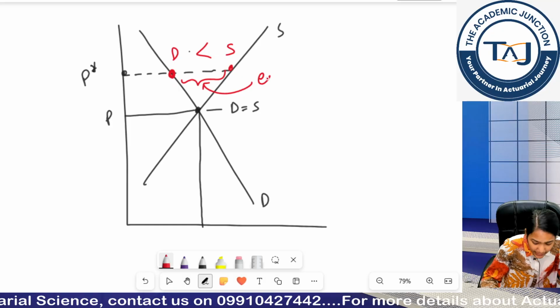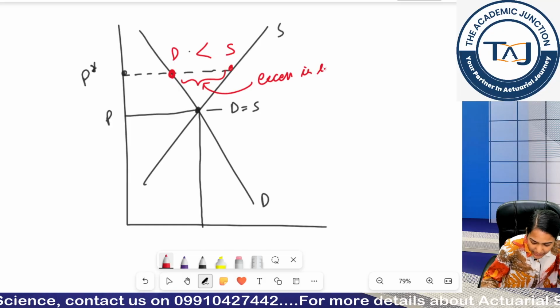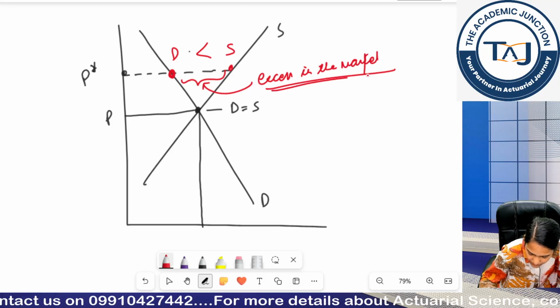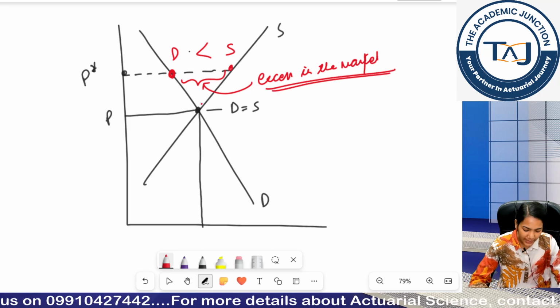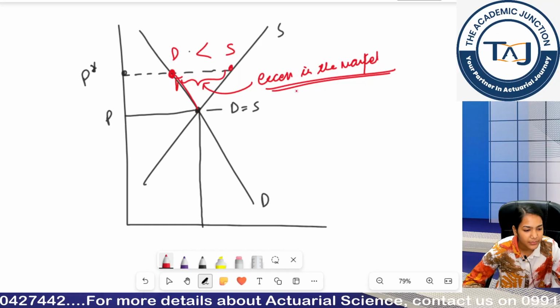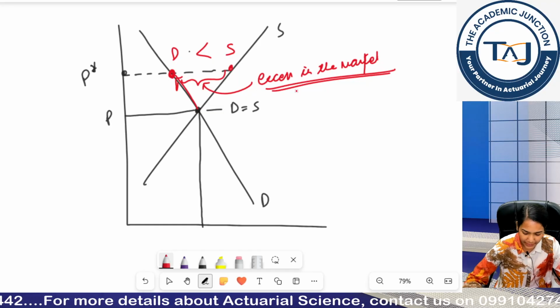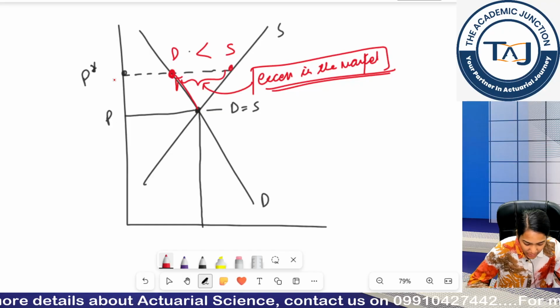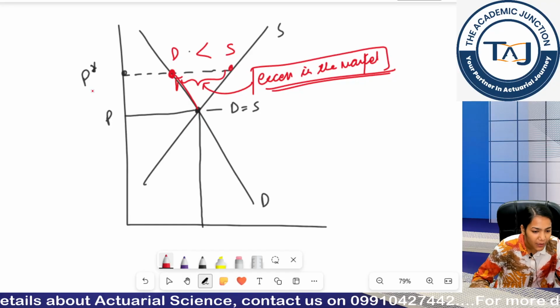There would be an excess in the market. Automatically, by the increase in price, my demand contracted. Clear?